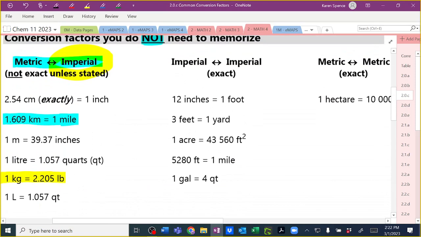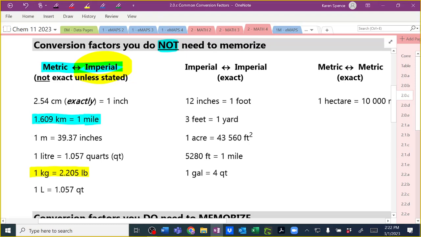But for now, where did we get to? Right, 1.609 kilometers per mile. Let's go back here.